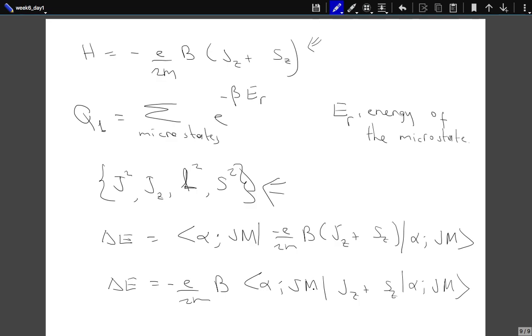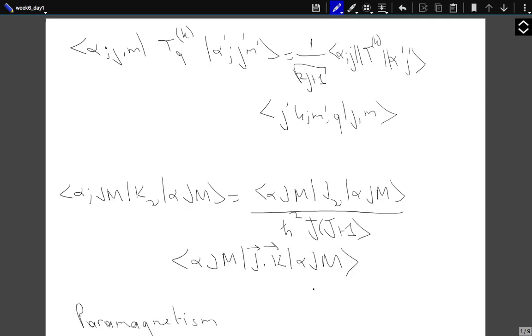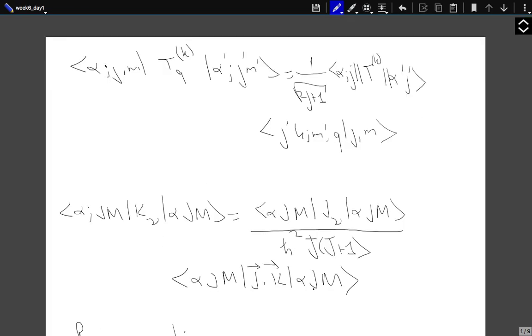Now, there is the Wigner-Eckart theorem. What it tells us is this. You have some operators, which we call tensor operators, K being the rank of the tensor, Q being the component.